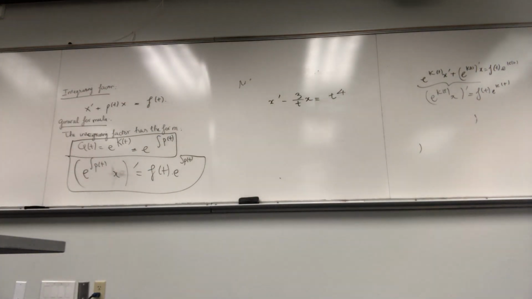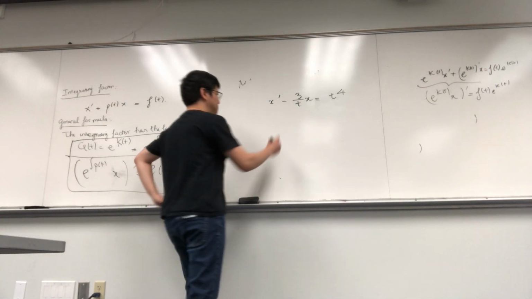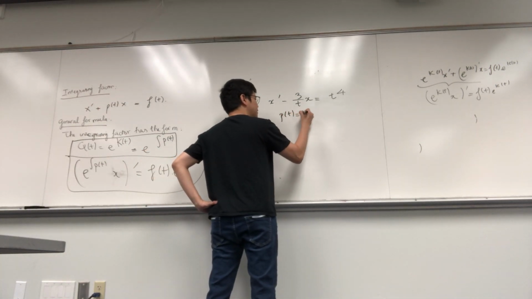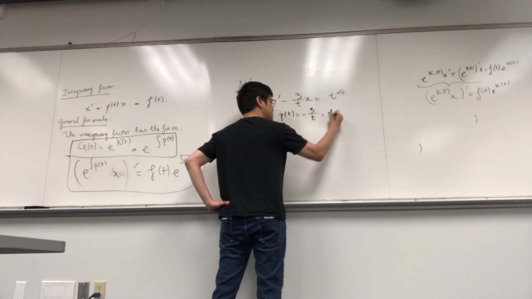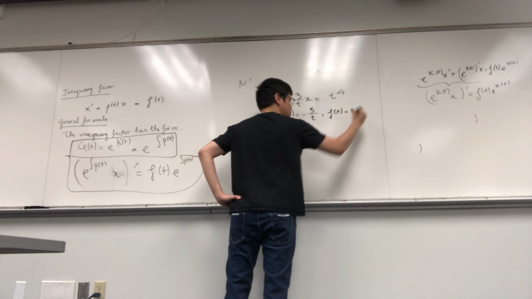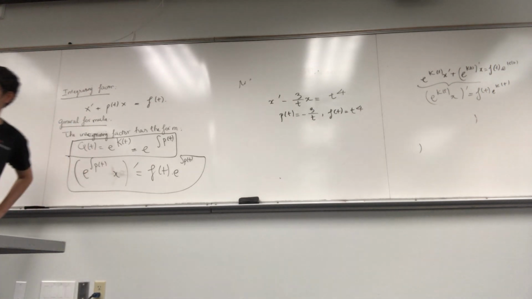This is what we try to solve. In this case, p(t) will be minus 3 over t, and f(t) will be t to the power 4, right?